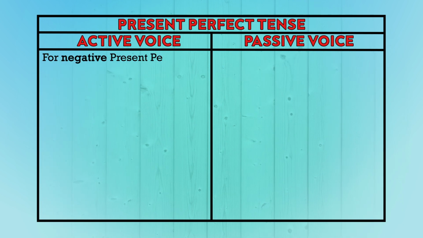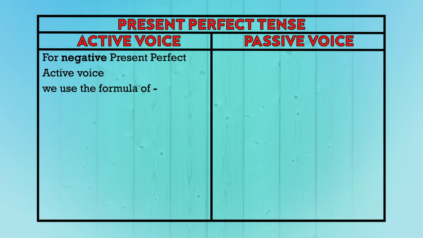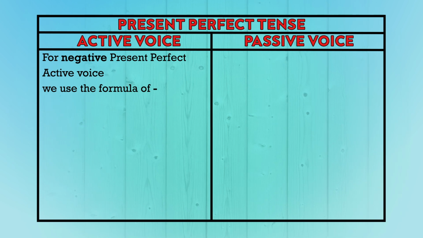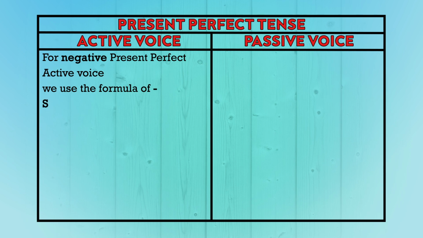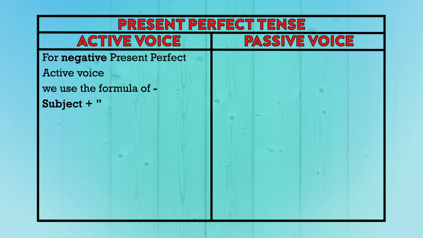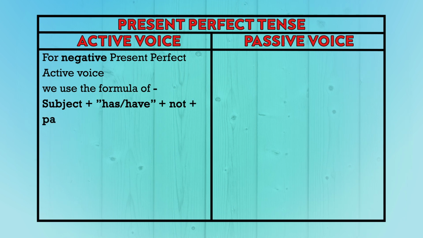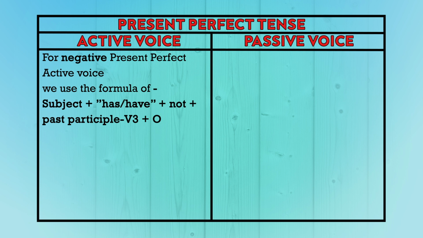Okay, now we come to the negative present perfect tense in the active, and how to change it into the passive. Now, the structure is subject plus has or have plus not plus past participle, that is third form of the verb, plus object.